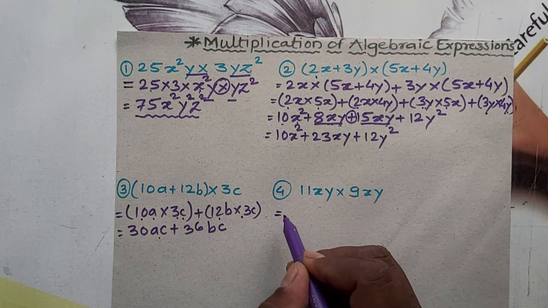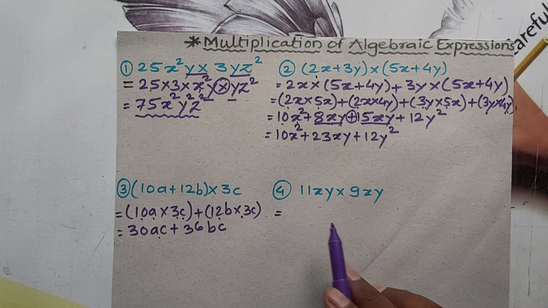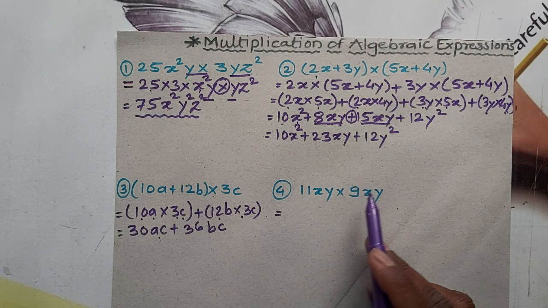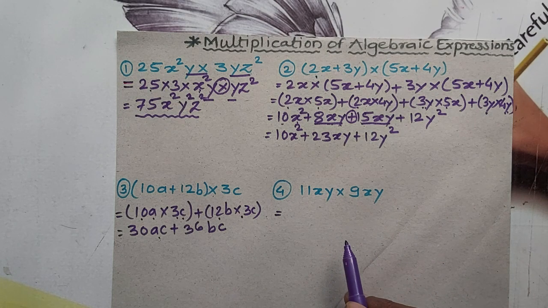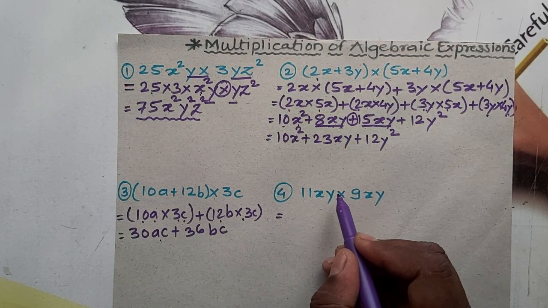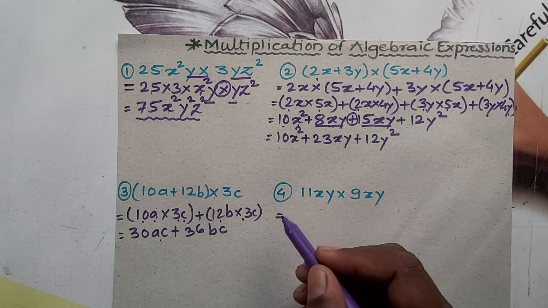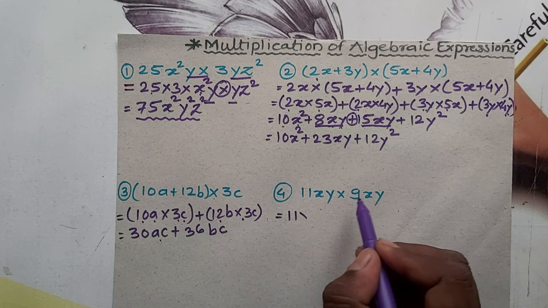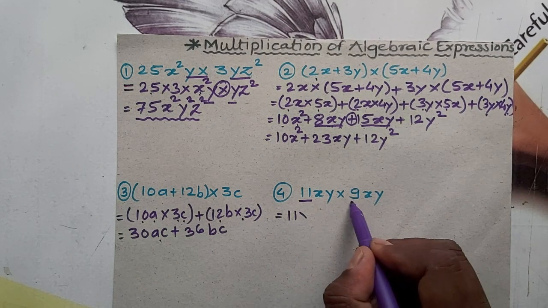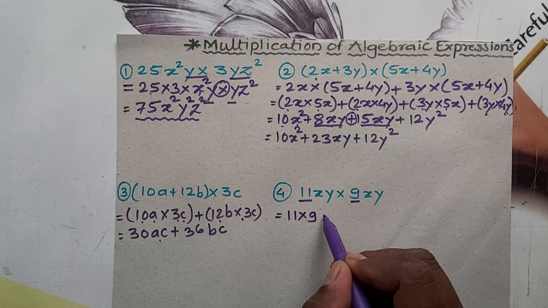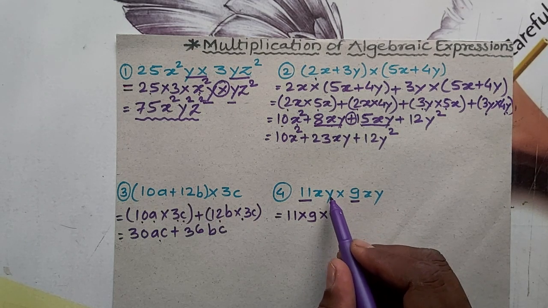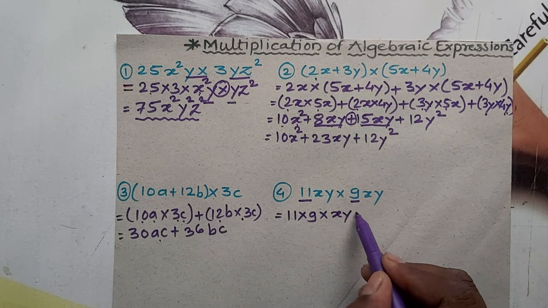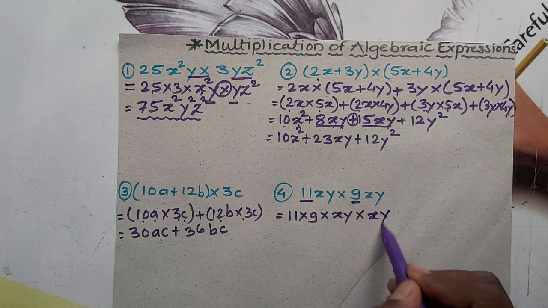Now again here, 11xy multiplied by 9xy, monomial to monomial. Okay, so when solving monomial to monomial, first, as I explained before, we have to multiply the coefficients and then the variables. So 11 and 9 are coefficients, so 11 times 9, multiplied by xy multiplied by again xy.